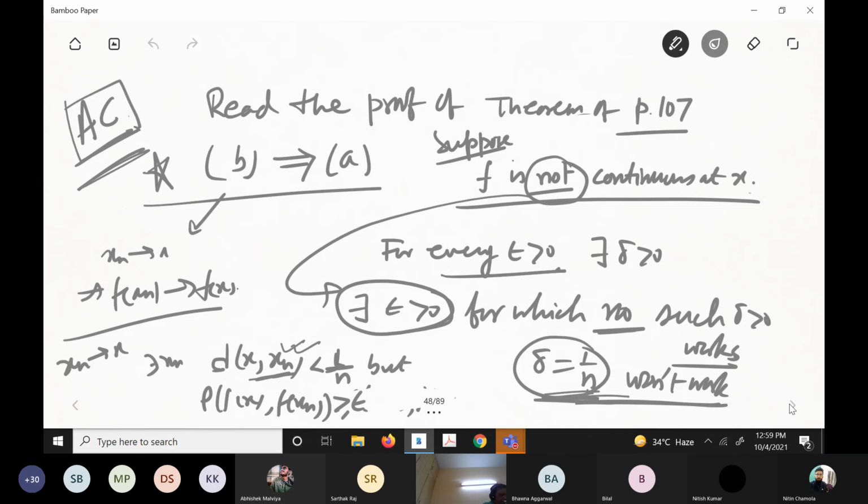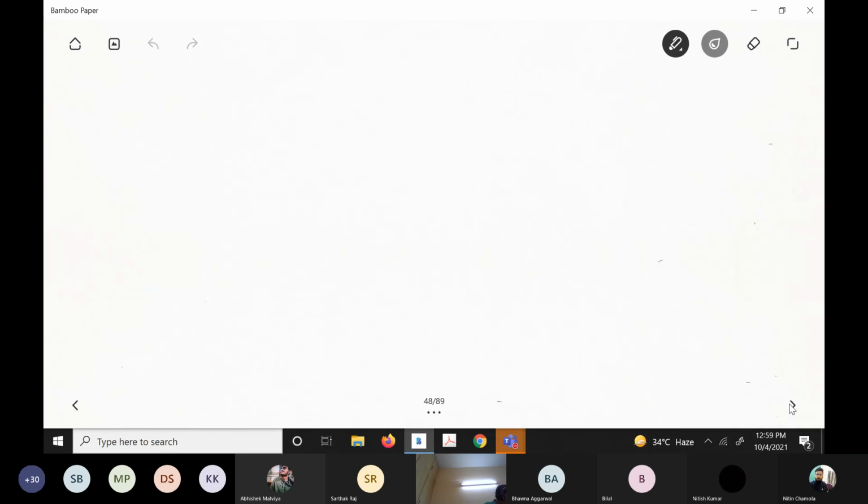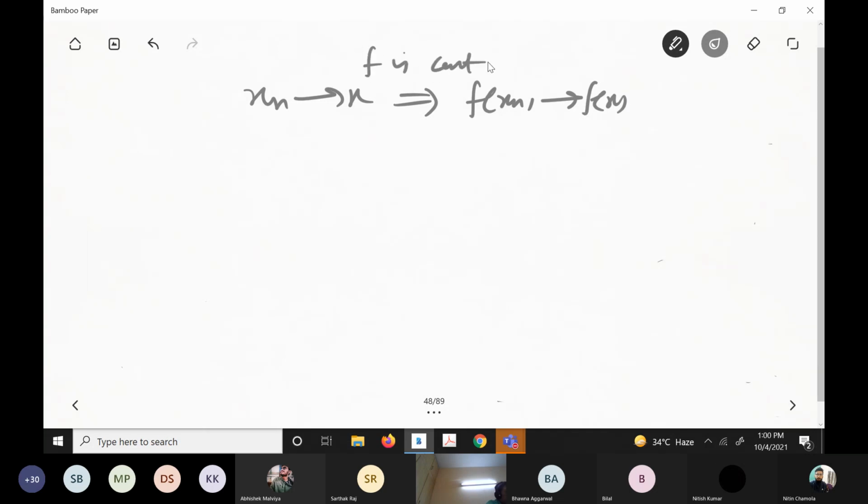Okay, right? Now look here, I have given the meaning of that sequential characterization of continuity: xn goes to x implies f(xn) goes to f(x). That means, let's look here. If f is continuous at x, that means you are getting, in the notation I told you, this.